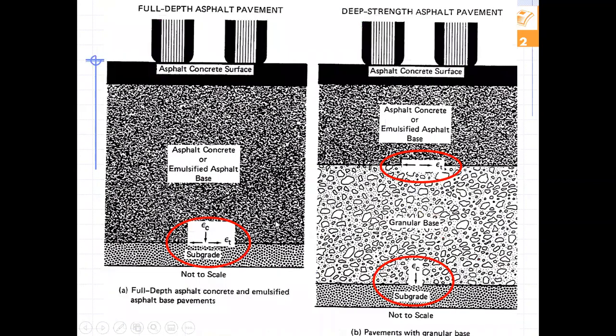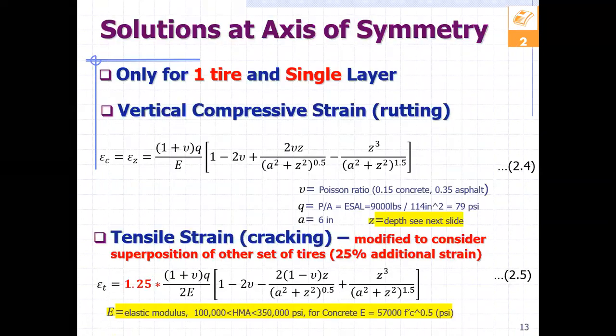So look at this chart here, and let's look at the one on the right-hand side. The tensile strain is happening at the interface between the hot mix asphalt, or the asphalt concrete, and the granular layer. So that is the location where we need to go and measure the depth. You see how I have a parameter called Z? Z to the power of 3, Z to the power of 2, C squared.